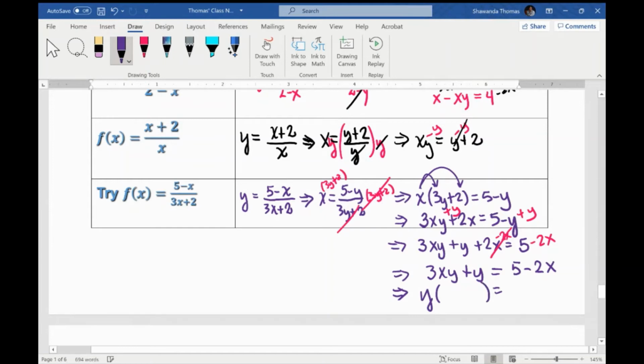Someone other than Nakiria, Kenneth, and Alicia, because I see y'all are ready with your mics on and everything. Somebody else. What's the other factor? Y times what is 3xy plus y?